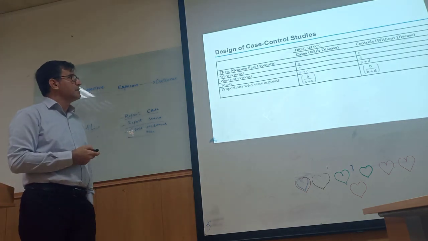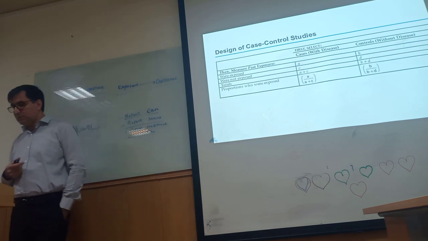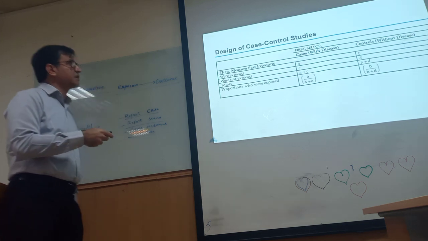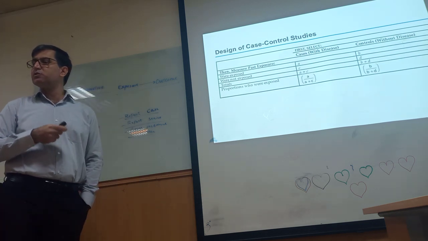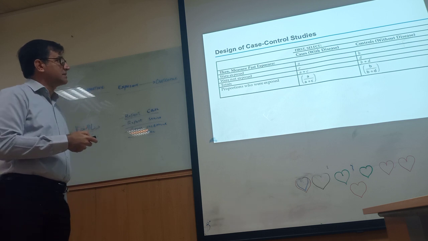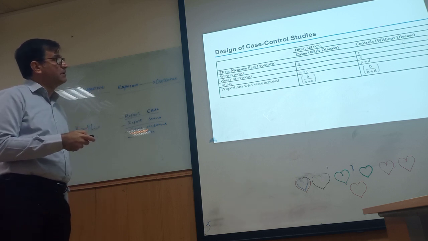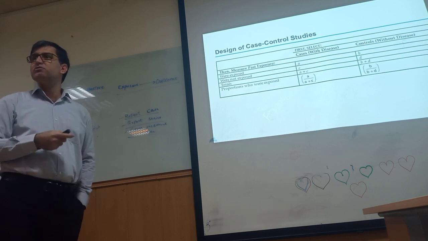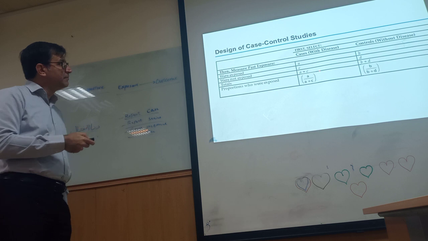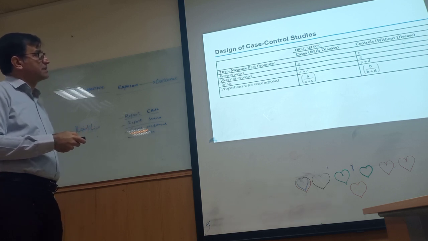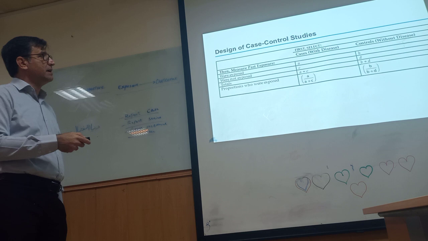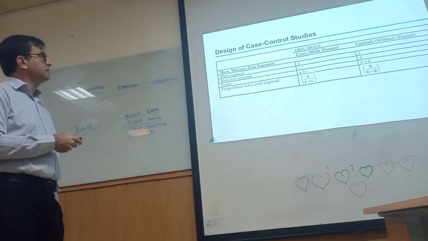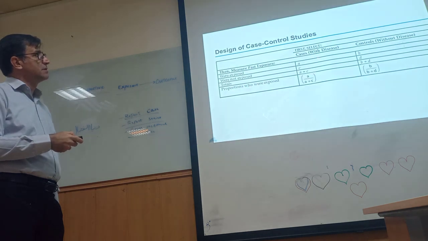Okay. So, as you remember, and we reviewed yesterday, we first select cases. Cases are those who have the disease, and then we select controls. Controls are those who do not have the disease. So we have A plus C number of cases, B plus D number of controls, and these are proportion who were exposed.